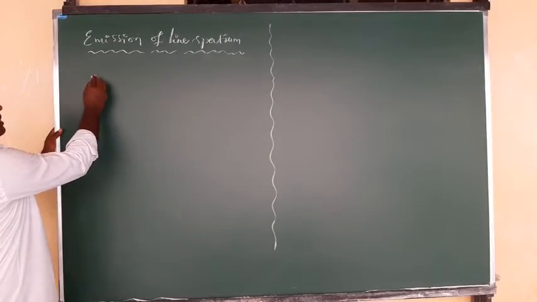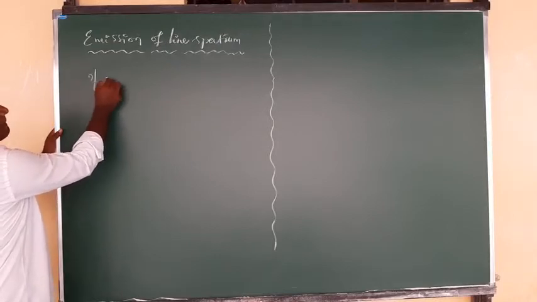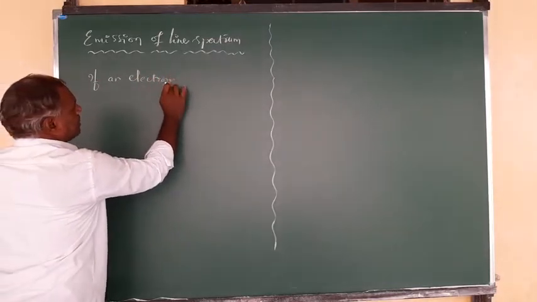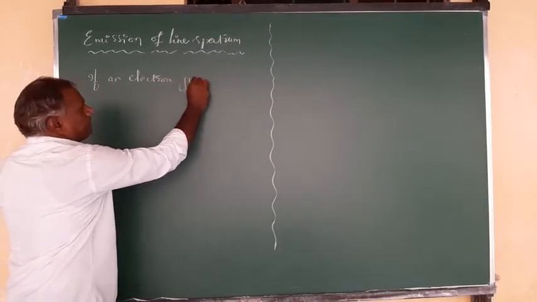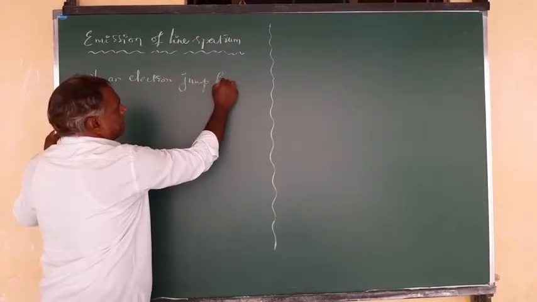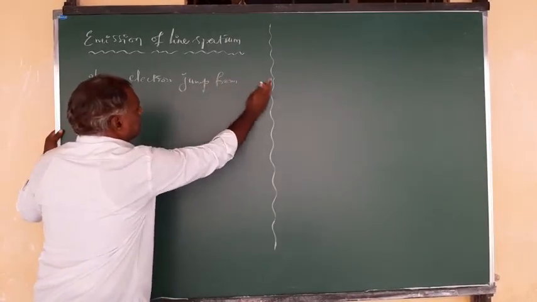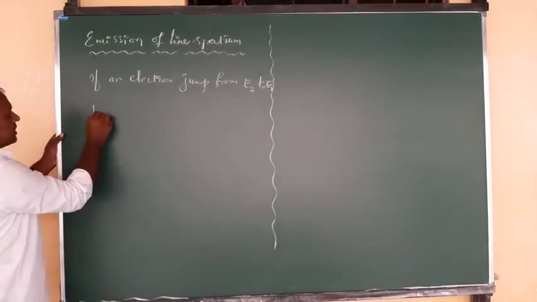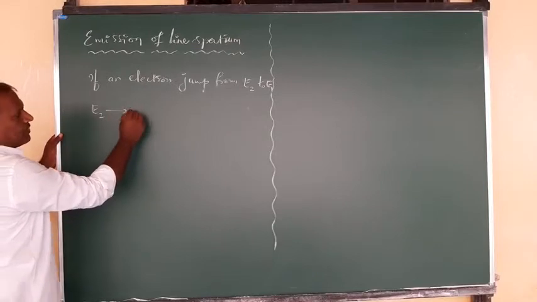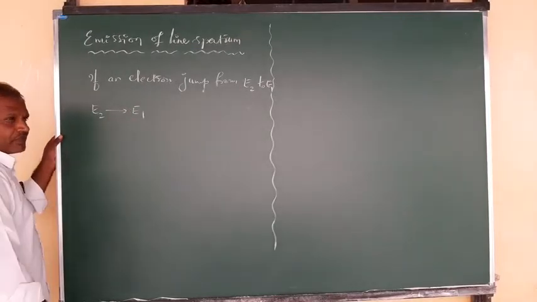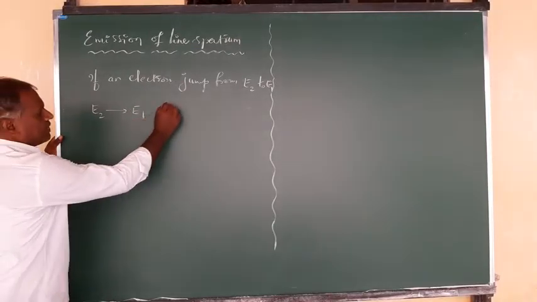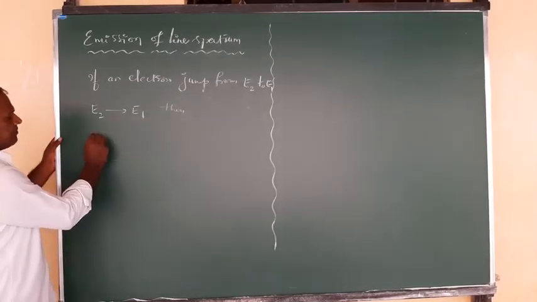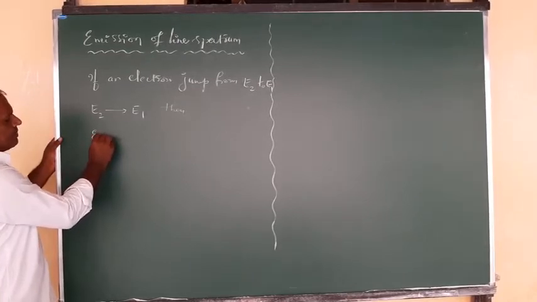So if an electron jumps from E2 to E1, that means it is moving from where to where? From the energy level E2 to the energy level E1. Then we observe the radiation emitted, that is, energy emitted.